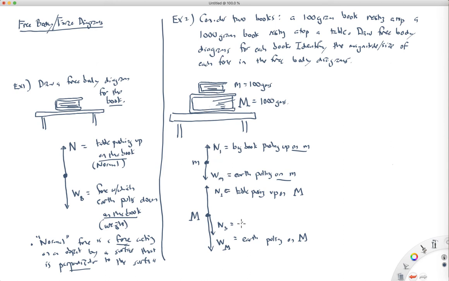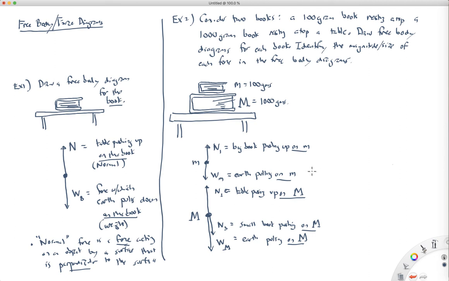So this is the small book pushing on the big book. Notice all three of these forces are acting on that mass, and that's why I've included all three of those forces in the free body diagram for that mass. Notice there are only two forces acting on the little book, and there are three forces acting on the big book.